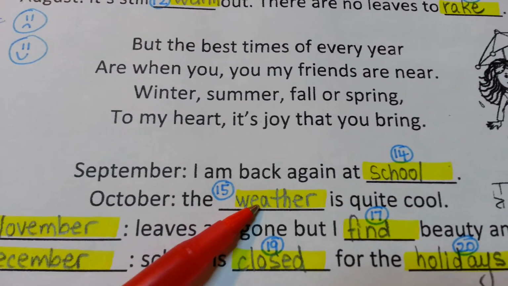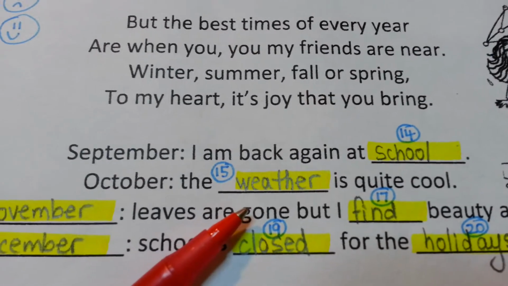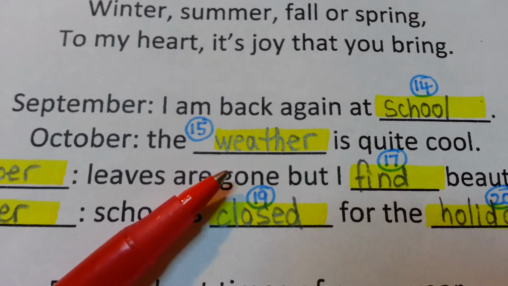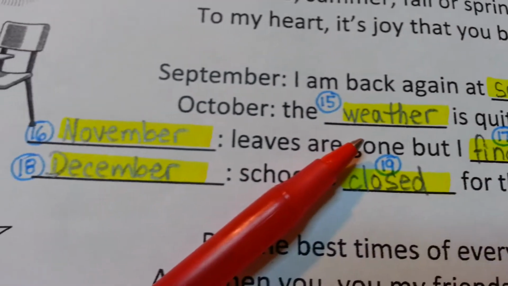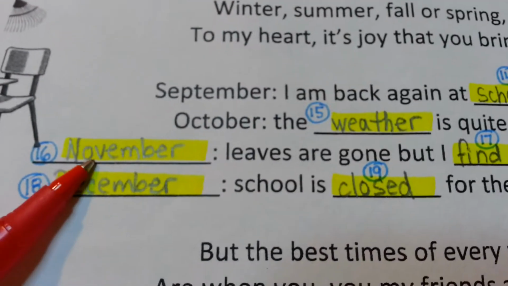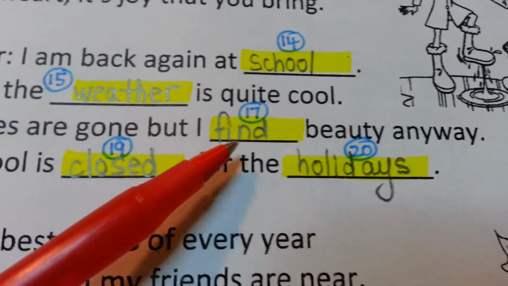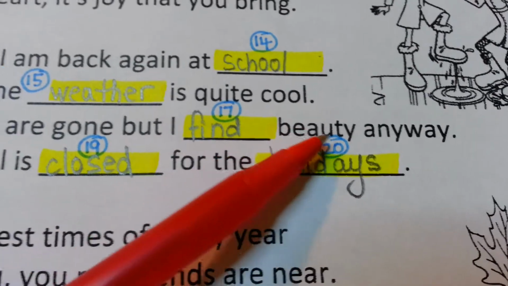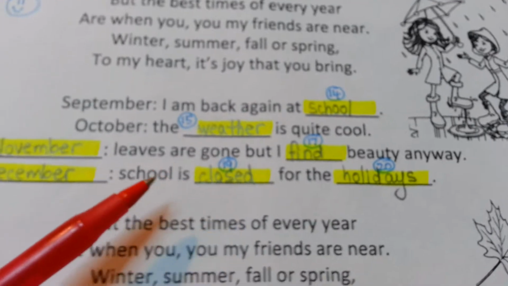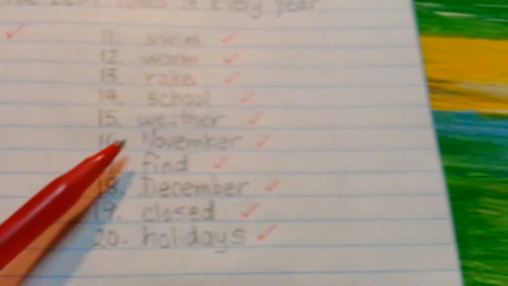October, the weather. The weather is quite cool. November, number 16 is November. November leaves are gone, but I find beauty anyway. Even when it's gray and dark in November, we can still find beauty.